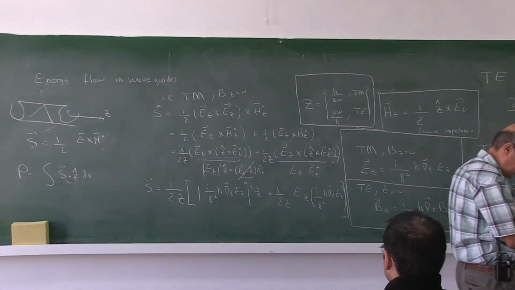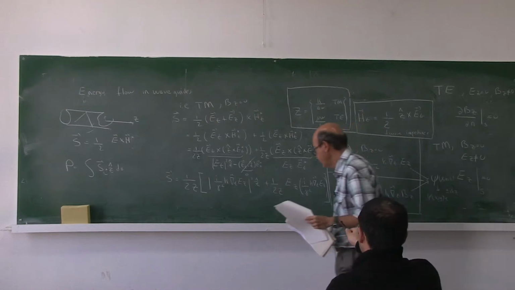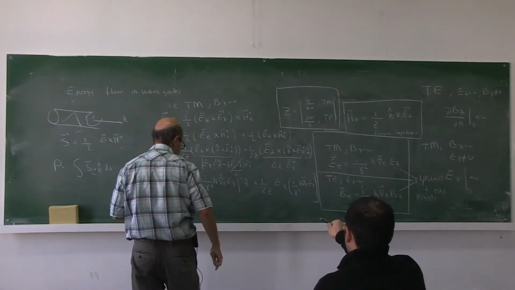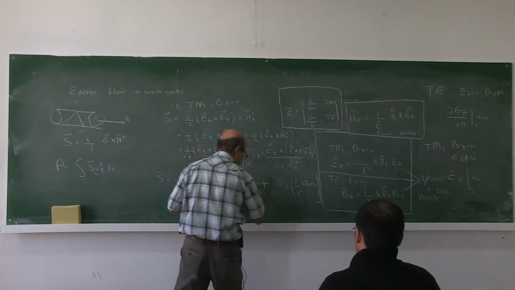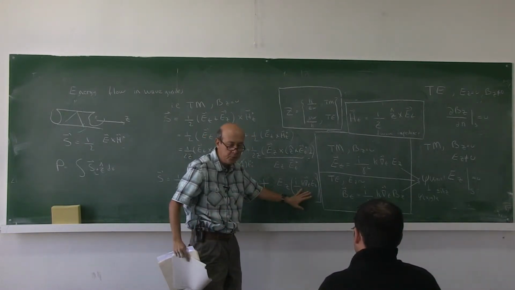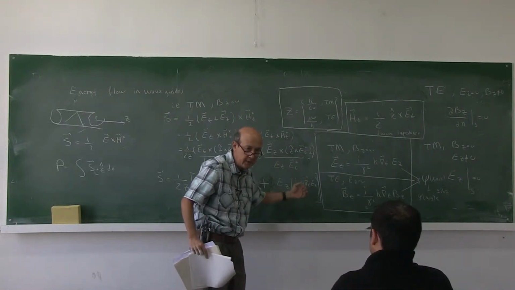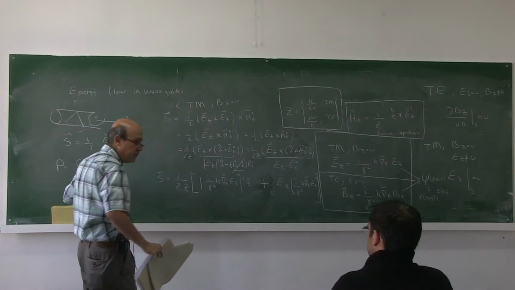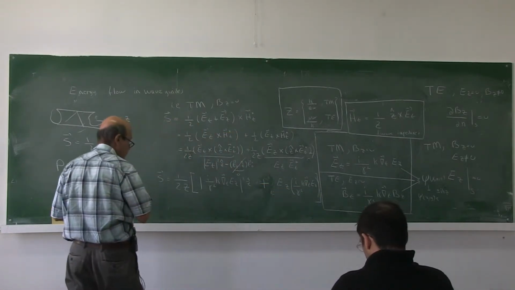So choose any cross section and calculate that. 1/2 z is repeated. Yes. But practically this doesn't contribute to the power because this is along the transverse direction. If you take the scalar product with z, that will be 0. So no contribution, but that's good.